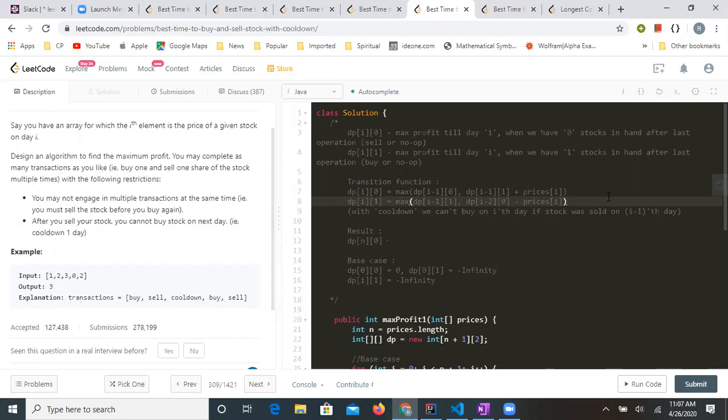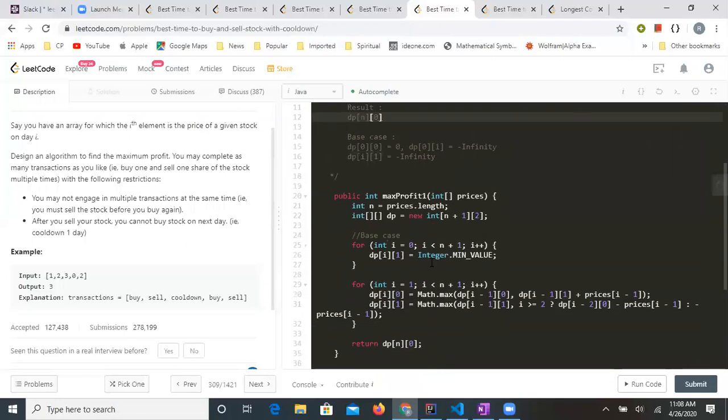Because by our definition, if I say something is 0 last day, that means last day I did a sell. So I cannot use I minus 1, 0 here by definition. So you are only allowed to go back 2 days, and even if you did sell, you can buy now. Okay.